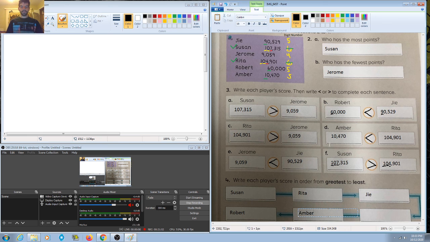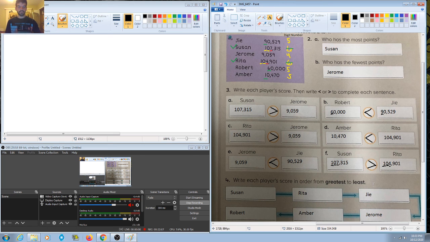And although we kind of figured out that Jerome's score was the lowest, it would make sense that his would be the least, because it also is the number with the fewest digits. So it just confirms our other choices, as long as we follow the same path to get to his score as well. So we used up everybody's score here.